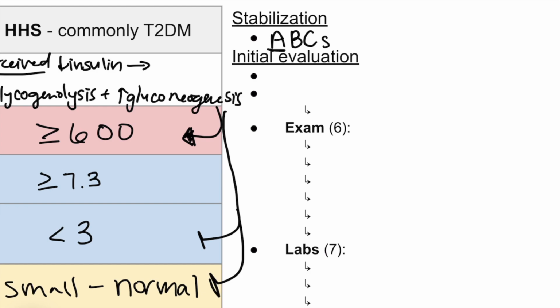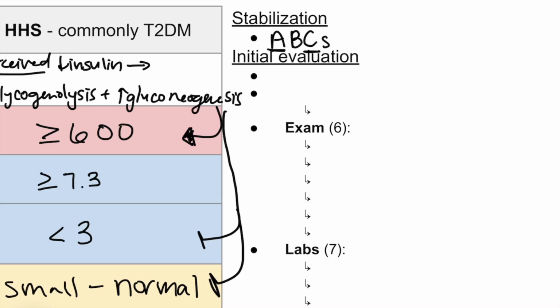And same with hypotension due to fluid losses. They might require some extra support. You might notice that their pulse is tachycardic, compensating for low blood volume. And so you'd want to help stabilize the patient from the perspective of ABCs.